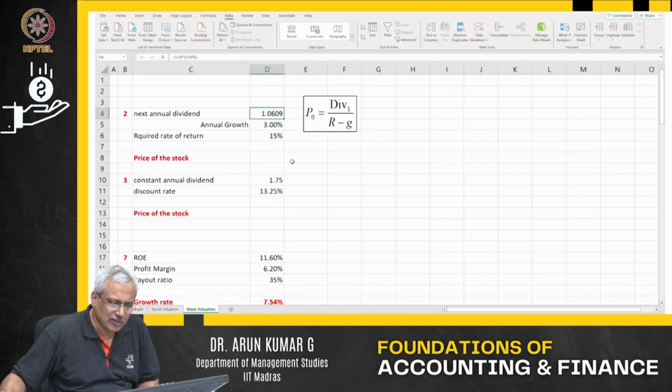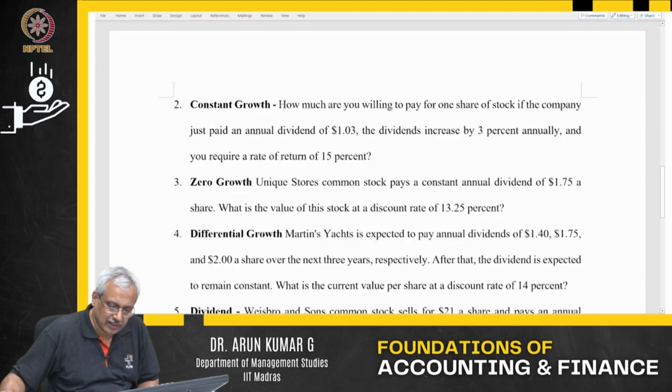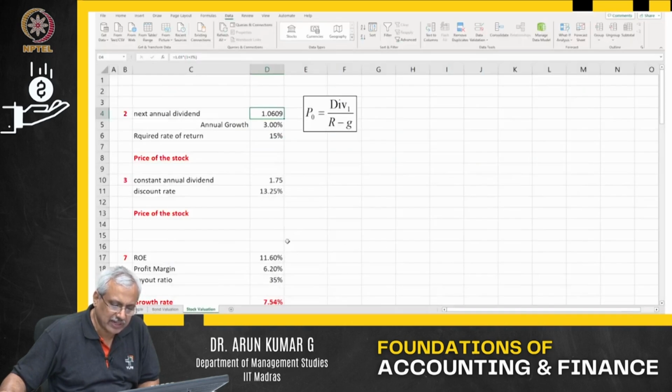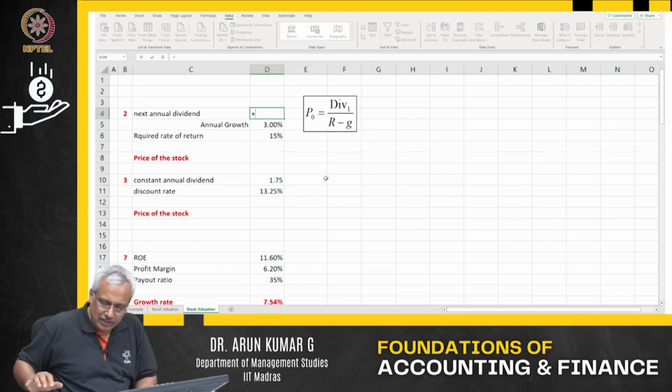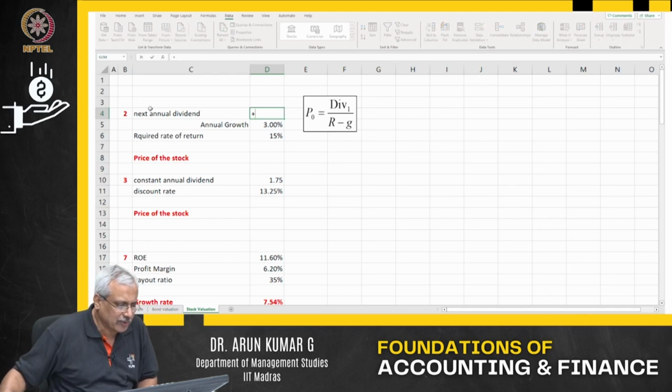The next annual dividend is 1.0609, because the dividend here is about 1.03 and it is going to grow at 3%. So I have taken the growth, that is 1.03. Let me solve it here. I'll add one more row here, that's not a problem.